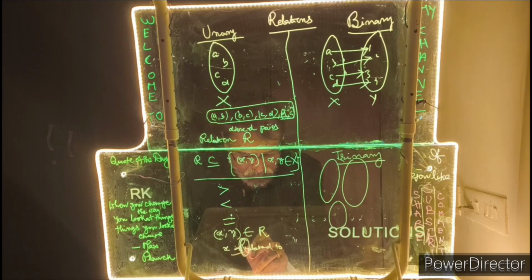X is, through R the relation, related to Y. That's how we read it.